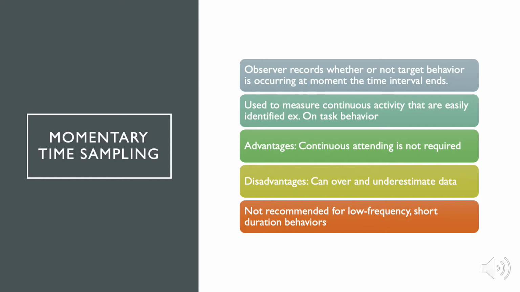In the example we're going to give today, as much as I'd love to model how you take data on behavior that lasts minutes, we're going to do intervals of 5 seconds, just so you at least get a chance to see what it's like to collect momentary time sampling. So lastly, this is not recommended for a low frequency, short duration behavior.